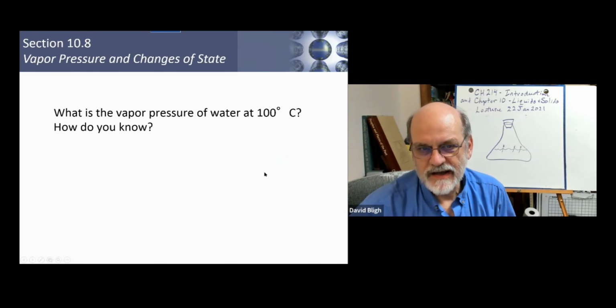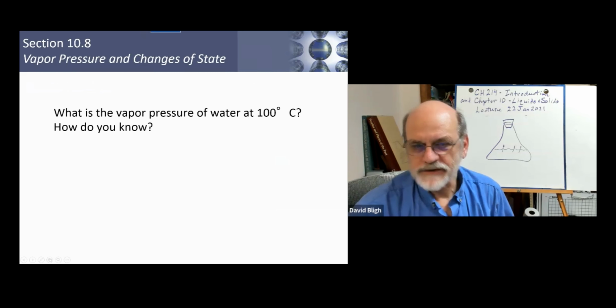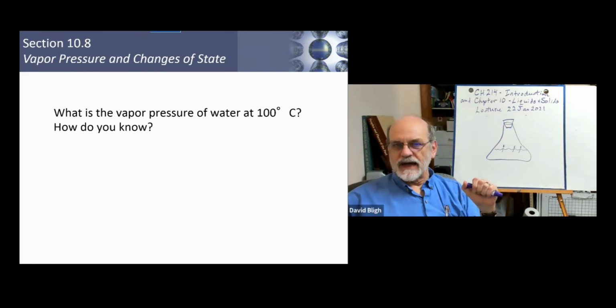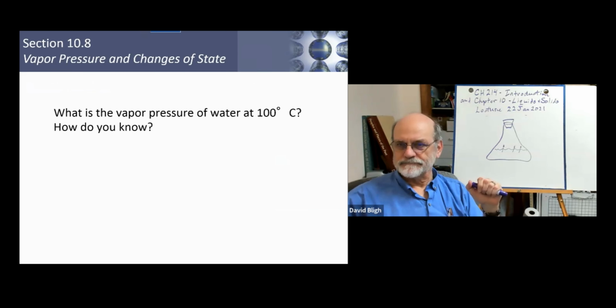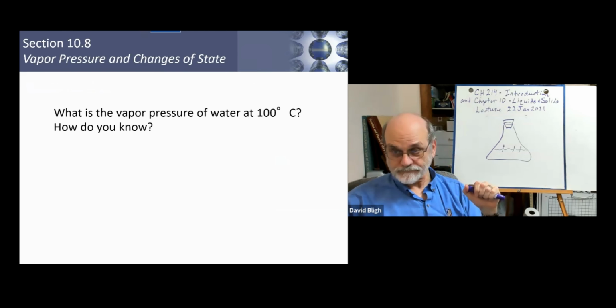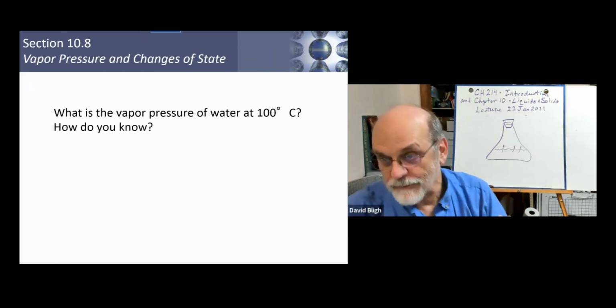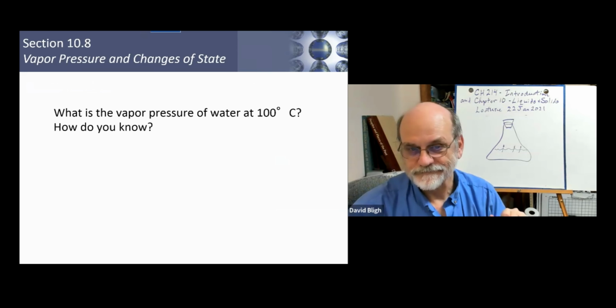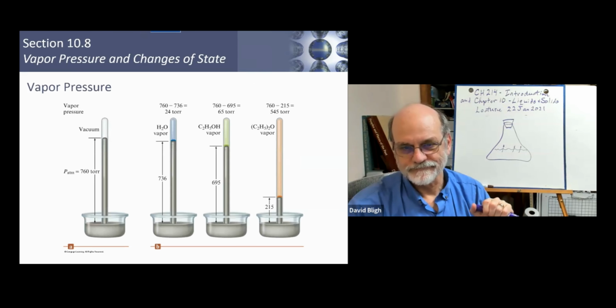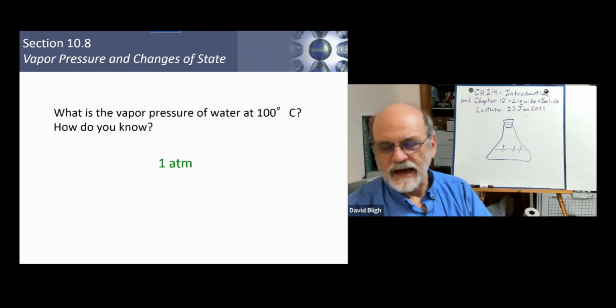Okay. What's the vapor pressure of water at 100 degrees centigrade? 1 atmosphere. Oh, I thought it was going to tell us how we know. How do you know?